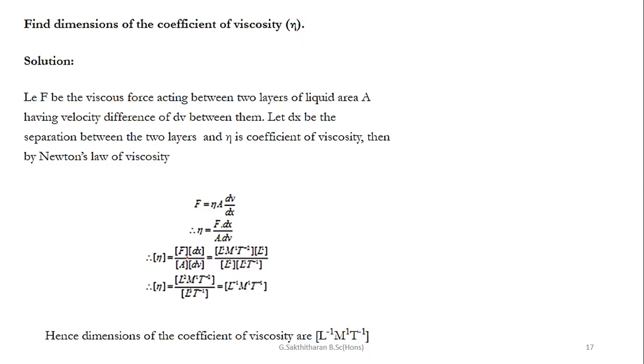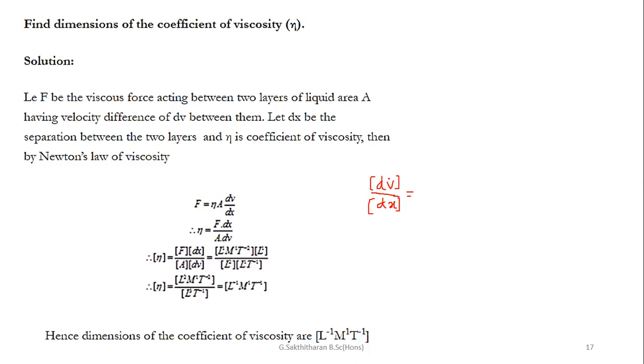So here the dimensions of the force is MLT^-2. The x is length. So dV over dx means velocity gradient. Dimensions of velocity is LT^-1. This dx means small length. dV and dx are small values.